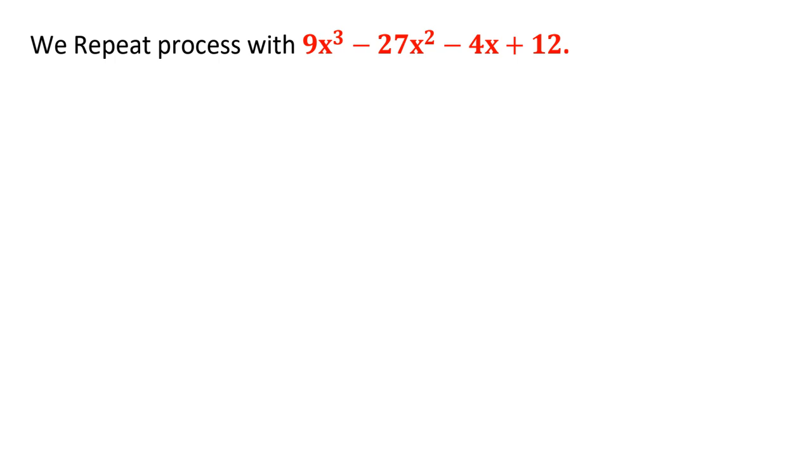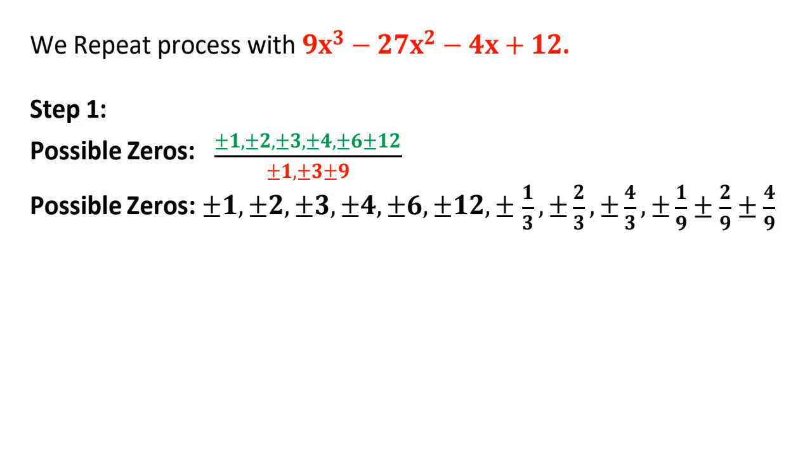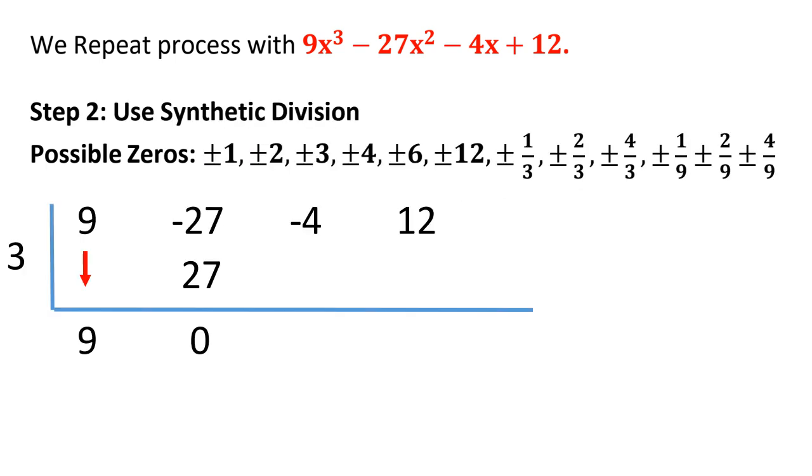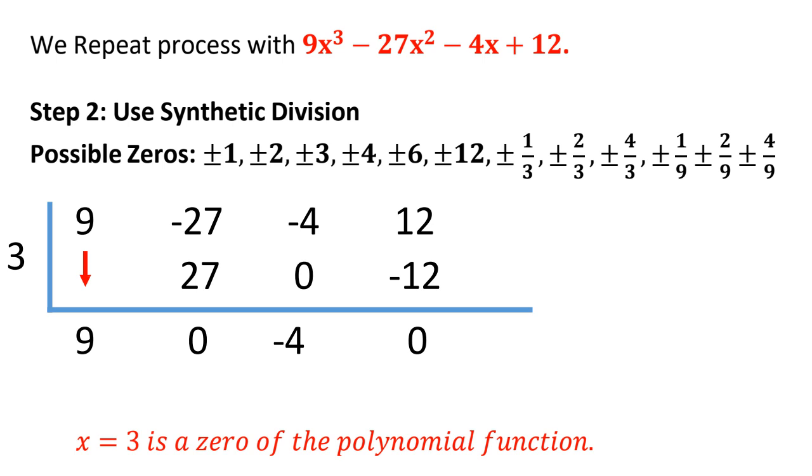If you didn't see the factoring, I'm just going to repeat my process for synthetic division. Now I'm just going to use the next possibility, the +3. And if I use +3, I end up that 3 is also a 0 of this polynomial.